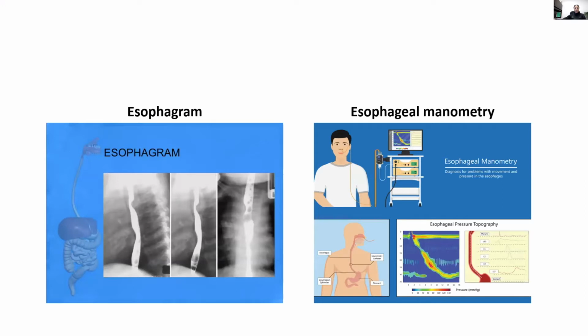The other study is called an esophagram. This is a special X-ray, and with this study, essentially a radiologist has a patient drink contrast, and as you're drinking the contrast, we're shooting X-rays, and in real time, we're able to see what's happening when you swallow.